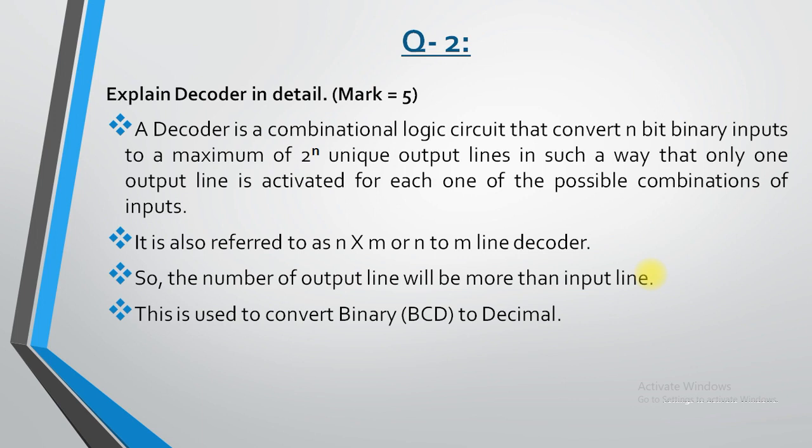It is also referred to as n into m or n to m line decoder. So the number of output lines will be more than the number of input lines. This is used to convert binary to decimal data.